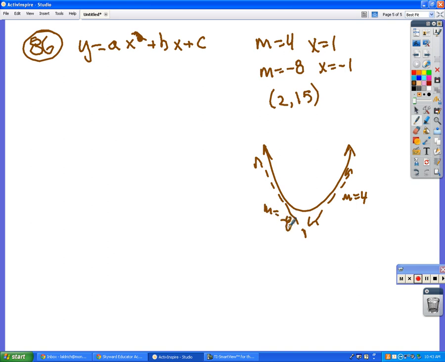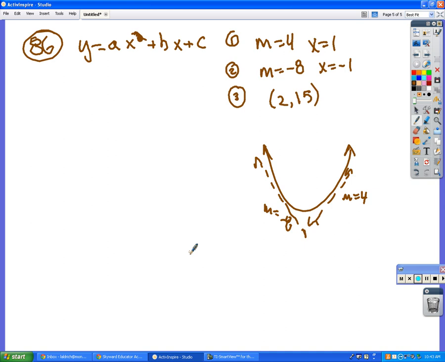And we also need our parabola to go through the point (2, 15). If you're going to solve for a, b, and c, how many equations do you need? 3. If you have 3 variables, you need 3 equations. So this is going to give us one equation, this another, and that a third, and then we're going to solve them all simultaneously.